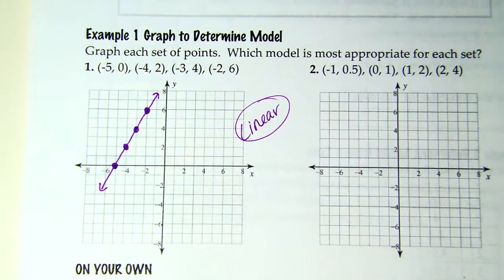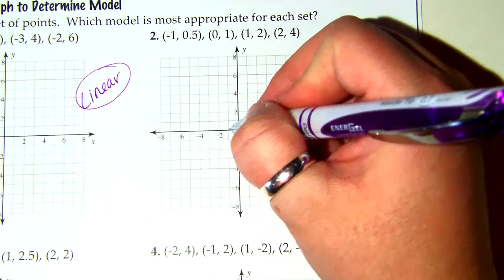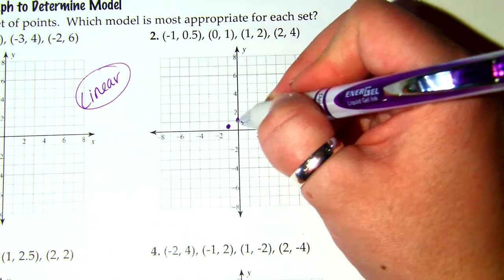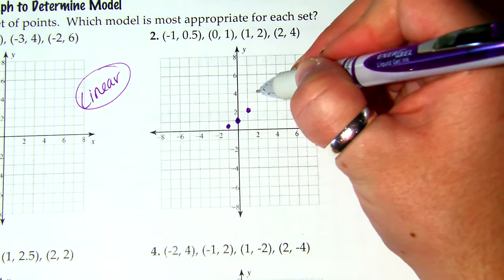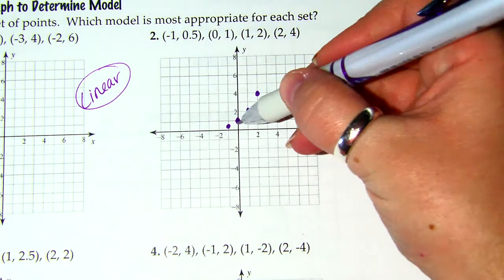Number 2, -1.5, so it's -1 up halfway, 0, 1, 1, 2, and 2, 4. That one looks like you could make it a straight line, kind of, but it is starting to curve. You can tell because it's not going up a consistent amount.